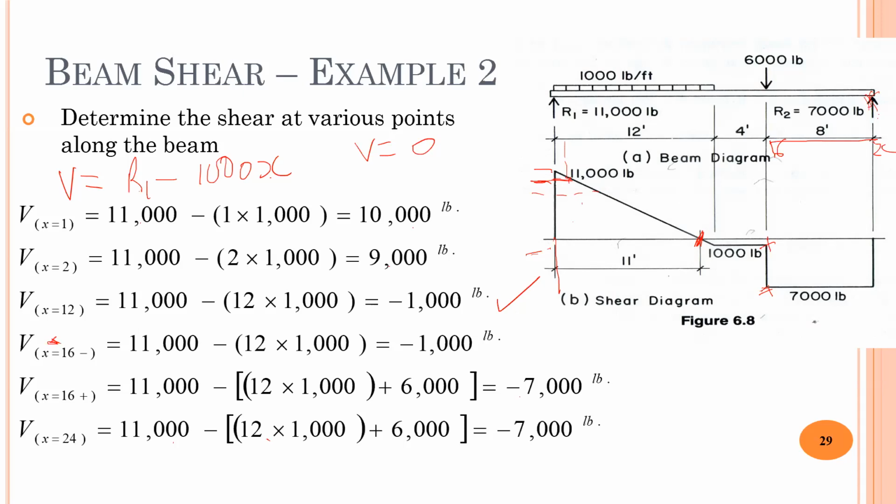So it starts from here, which is 7,000, coming right down to here. And remember, it was minus 1,000 at 16. And when I say positive, I mean that you had a positive 6,000 here at this point.